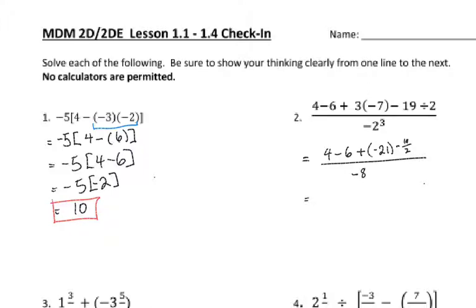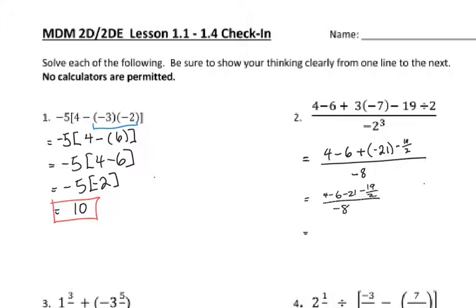Now let's bring these three whole numbers together. So we get 4 minus 6 minus 21 minus 19 over 2 divided by -8.